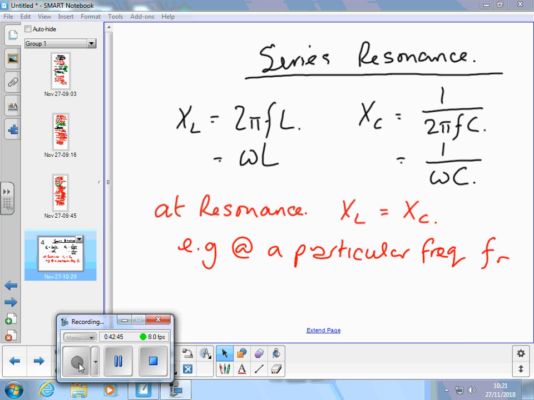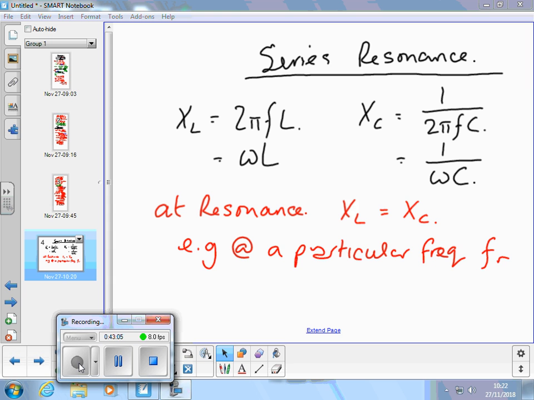Looking at the top two formulae for XL and XC, if frequency is increasing, XL is getting bigger, but XC is getting smaller, then there'll be a point where they equal each other.